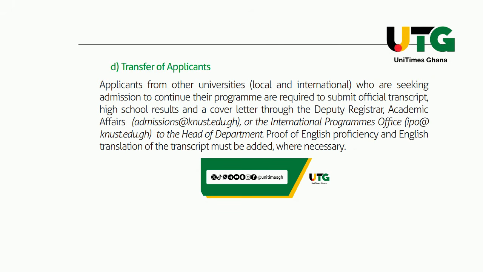In the PDF, it says that applicants or students who want to continue their program of study, so that means it's that particular program you're reading in your current university, that is what you are going to continue in KNUST.